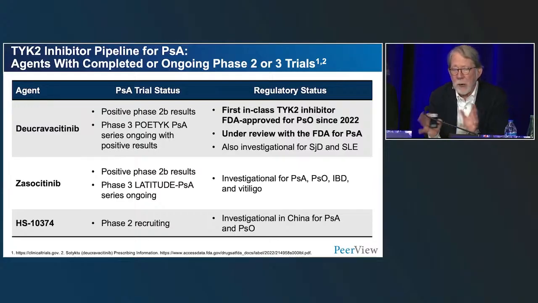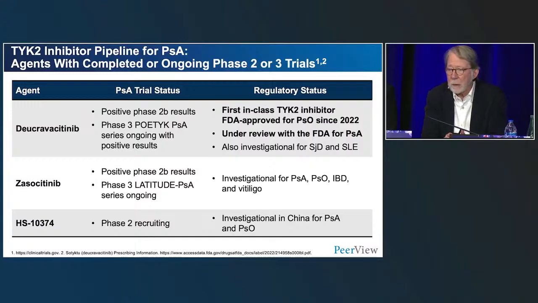Besides psoriasis and psoriatic arthritis, that's an obvious target because of the inhibition of IL-23, IL-12, but also interferon. But the latter also raises the possibility that Deucra could be effective in lupus and possibly Sjogren's.